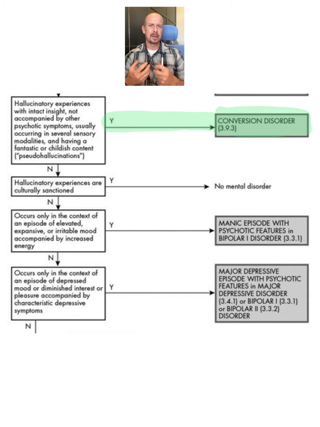So if they're describing something occurring in or on their body as far as sensory, but it's more pseudo hallucinations and they can't really pin it down, it doesn't match up with the hallucination descriptions, whether paranoia or odd or anything like that, a conversion disorder would be the most appropriate. The description in the DSM, I'll be honest with you, is pretty vague as far as what's going on with a conversion disorder. So I'd have you refer to that. It can be convoluted with the exact criteria that need to be met.